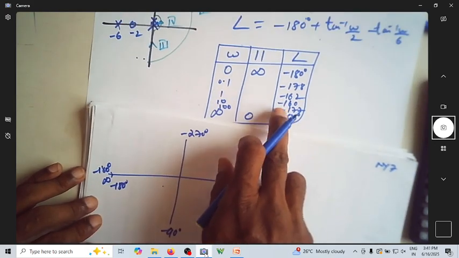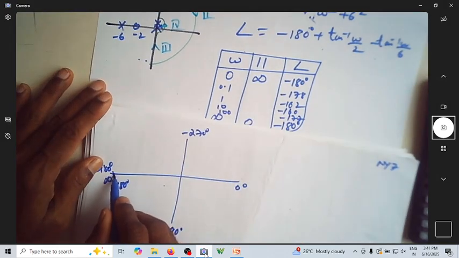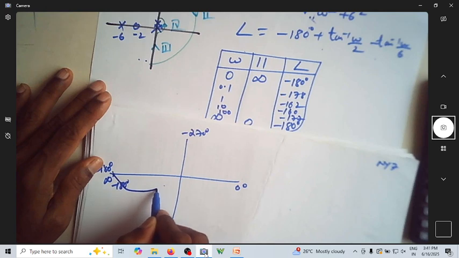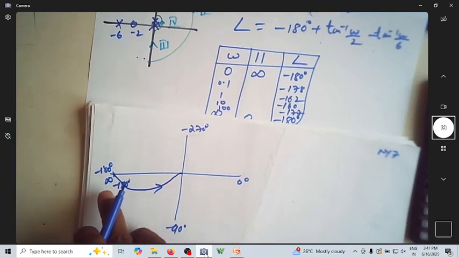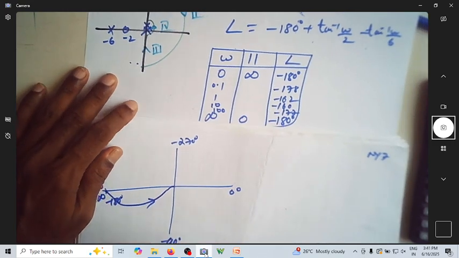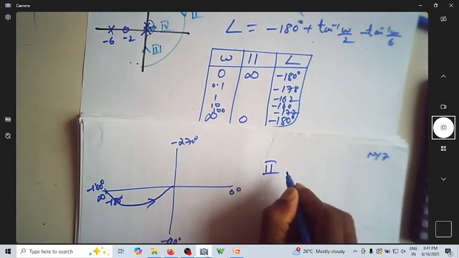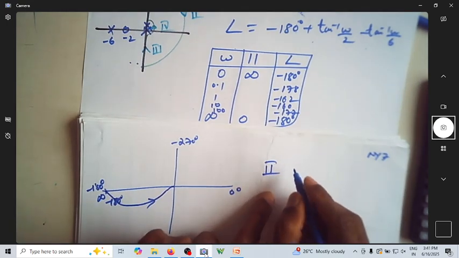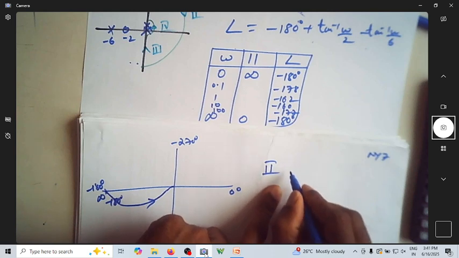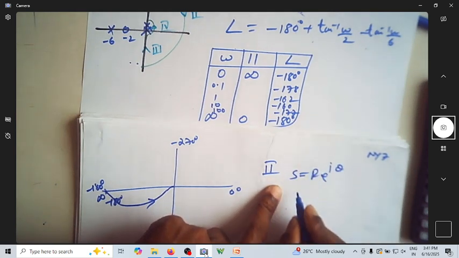It's actually going in the second quadrant only. It goes like this, and then I think it's going like this. Magnitude is going from infinity to 0, and hopefully the second segment would be a dot at the origin.